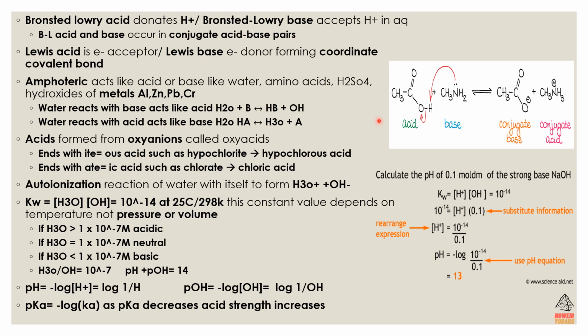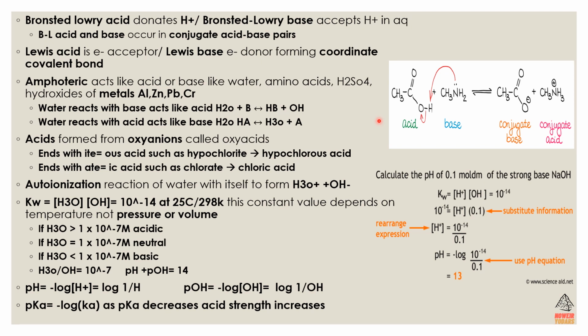So H3O times OH is equal to 10 to the power of negative 14 at 25 Celsius or 298 Kelvin. This depends on the temperature, not pressure or volume, right? If the hydronium ion concentration is more than 1 times 10 to the negative 7, it's acidic, alright?